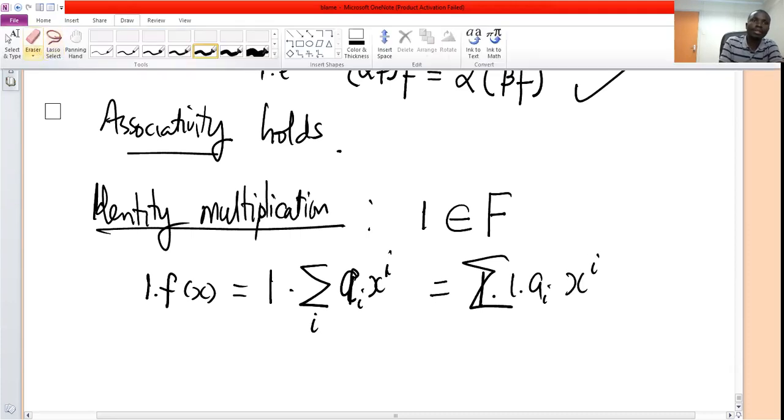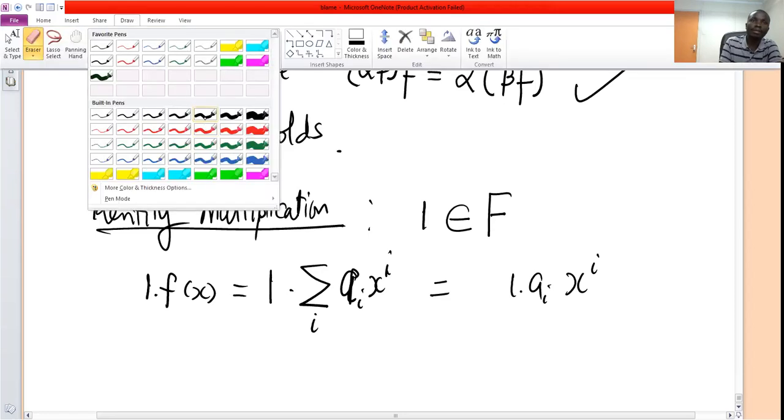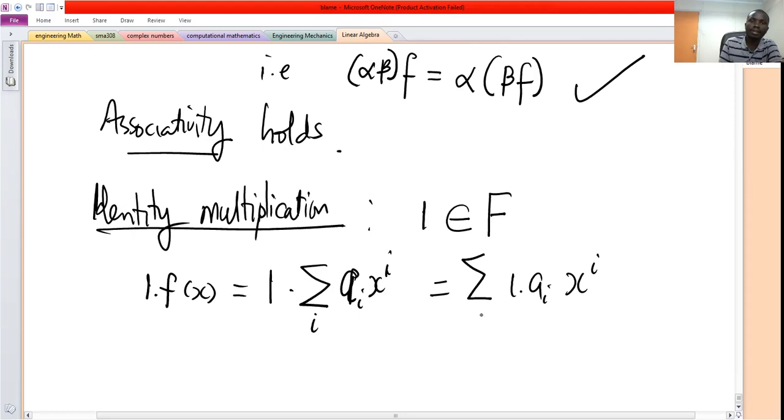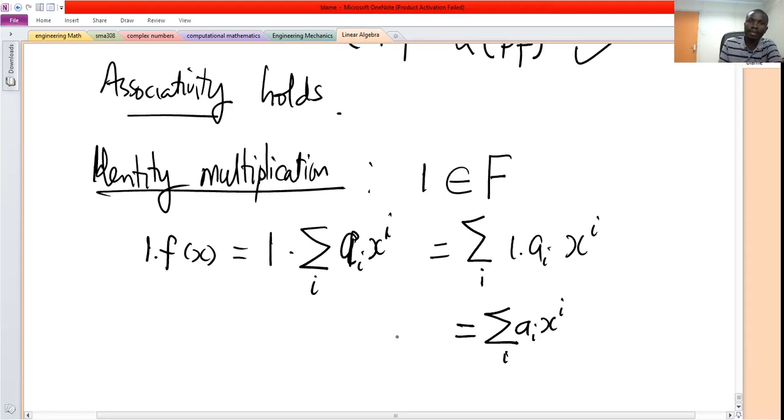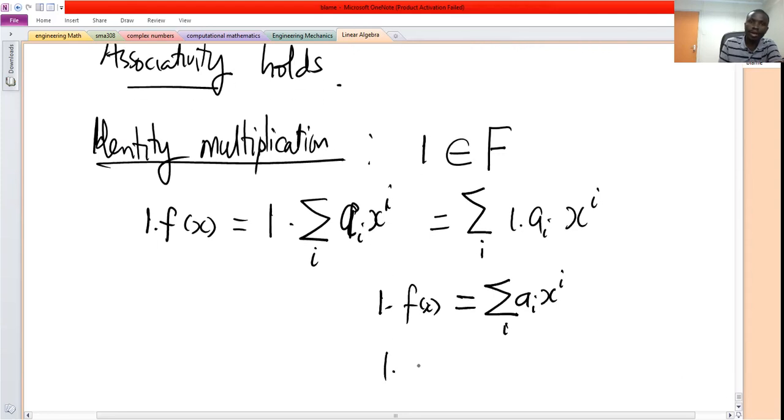But remember, 1 is the unity in F, and when you multiply unity by any element in F, you get the same element. So this is the same as the summation of a_i x^i, and you see this is the definition of f(x). So 1 times f(x) equals f(x), and that is what it's supposed to be.